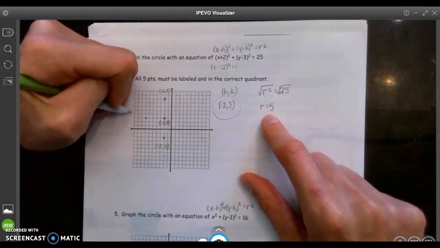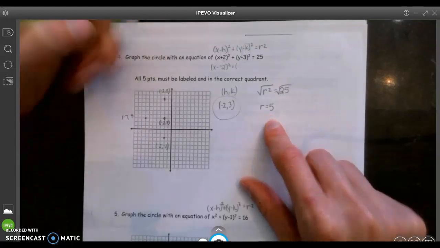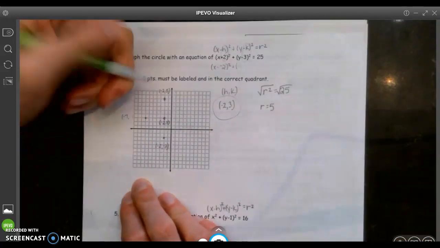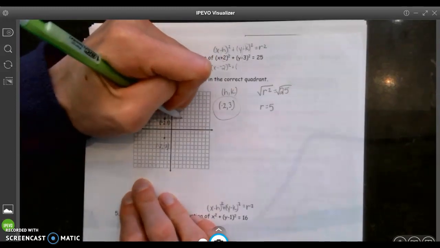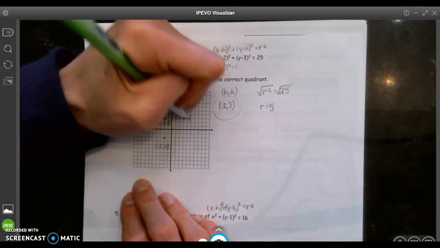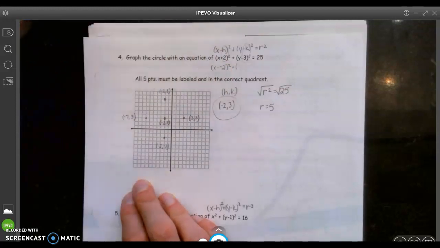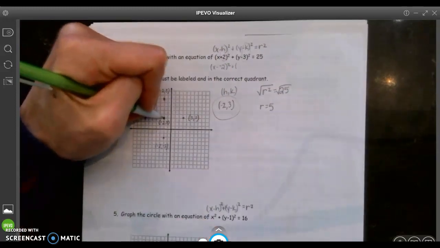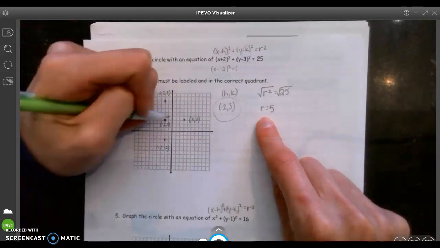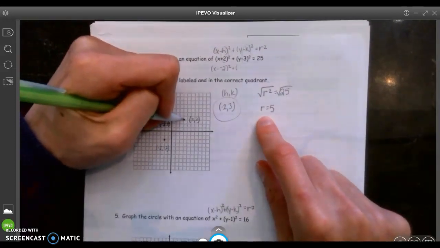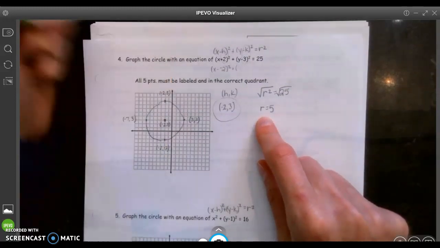So that point is -7, 3, not -7, 5. -7, 3, and I'm going to go right 5, 1, 2, 3, 4, 5. And that point is 3, 3. So I graphed my center, and then I used my radius to go up 5, left 5, right 5, and down 5. And now I can sketch in a circle.